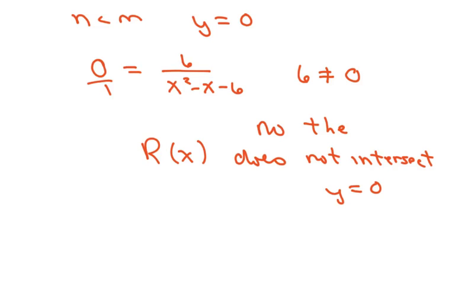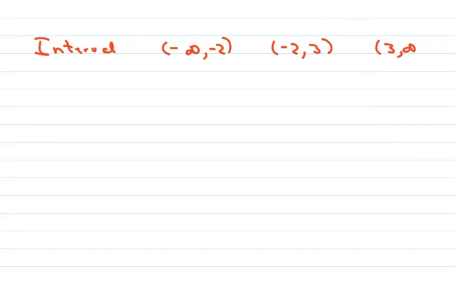Now, if you want to put it in the calculator, you can. I'm going to go ahead and pick some intervals: from negative infinity to -2, -2 to 3, and 3 to infinity.